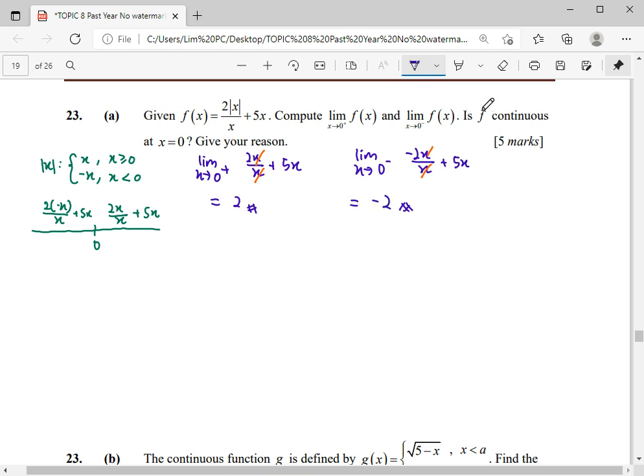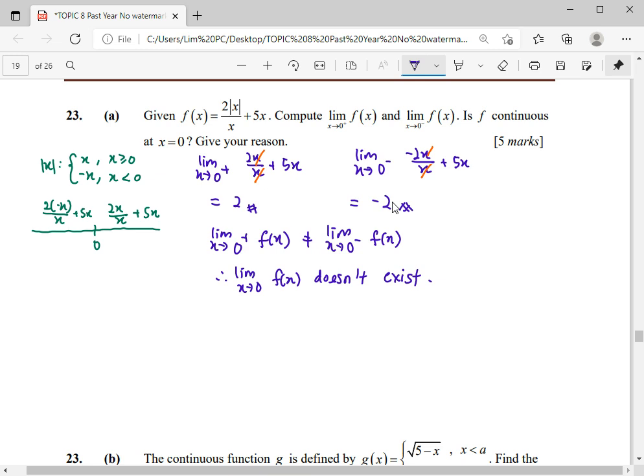So they ask, is this function continuous? Give your reason. So obviously, the left hand side limit and the right hand side limit do not equal each other. So we have our reason. Our right hand side limit does not equal the left hand side limit. So from here, we can know that the limit as x approaches 0 does not exist.